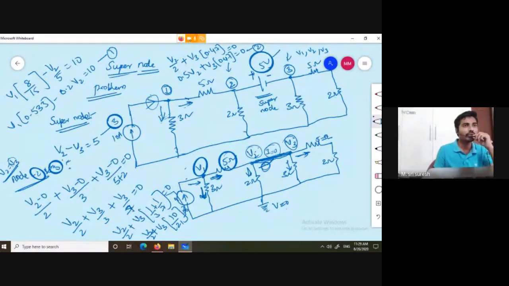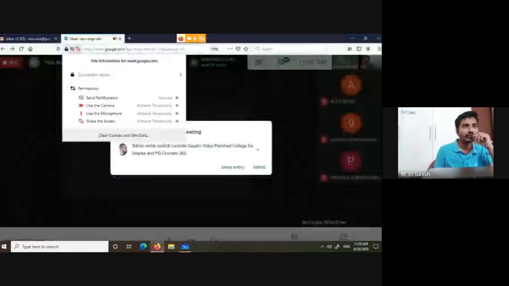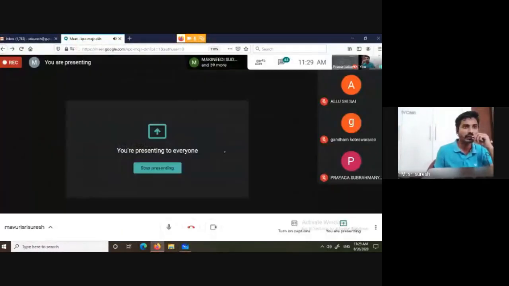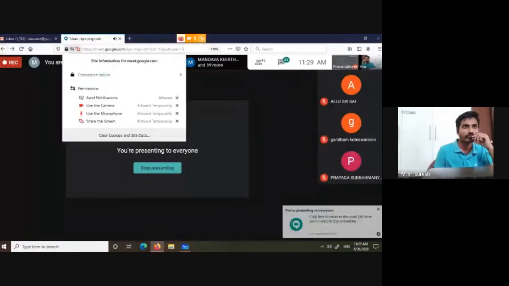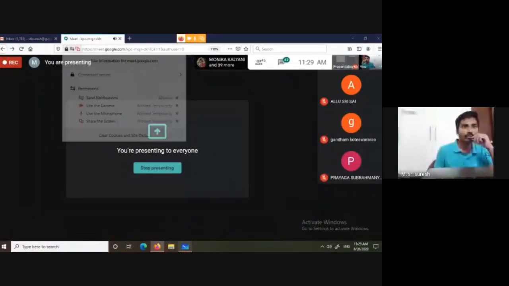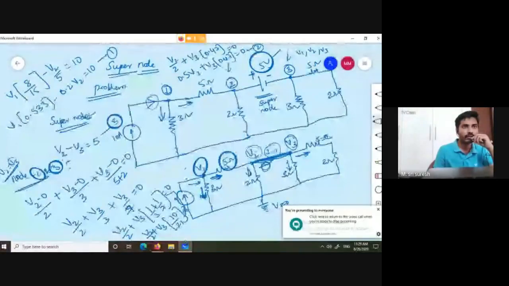I already told how to calculate this kind of equations by using a calculator in the last class. Calculate it and tell me. So you know how to calculate this kind of equations or not? Here the V3 term is 0.